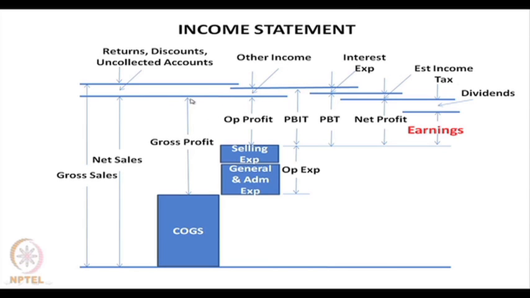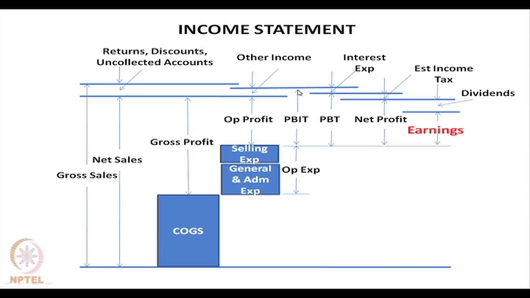So, gross profit means net sales minus the factory cost of production. Operating profit means not only factory cost, but also the company's other expenses that are required to sell the product. And if we add to it other income, what we have is called profit before interest and taxes.